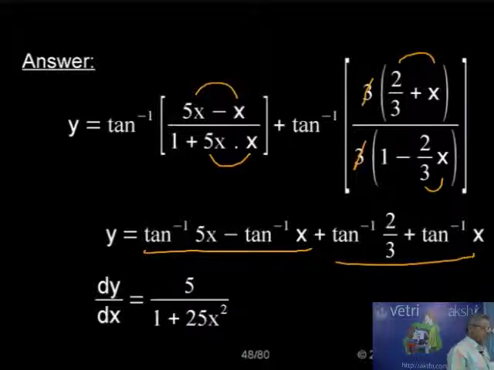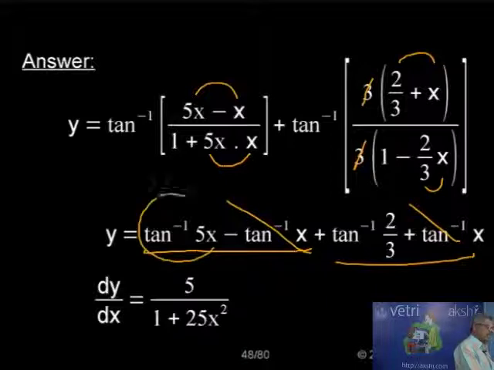Now, our differential coefficient becomes very, very easy because this is a constant. Tan inverse x also gets cancelled. Only one term we have to differentiate. So, instead of 2 big terms, we are differentiating only one term.